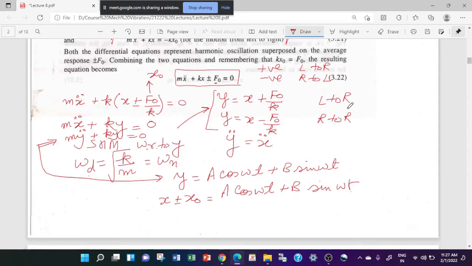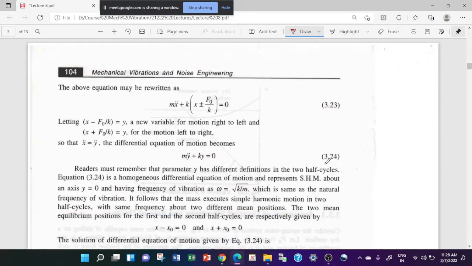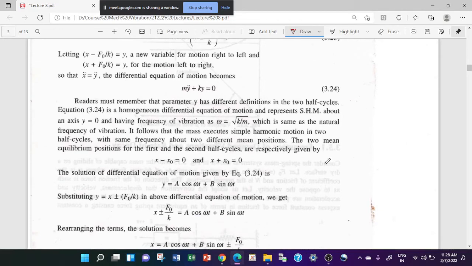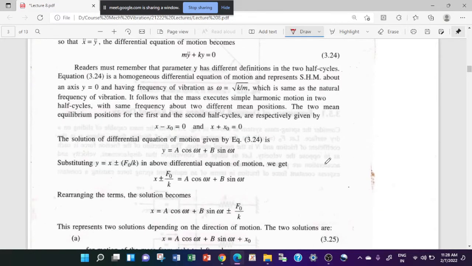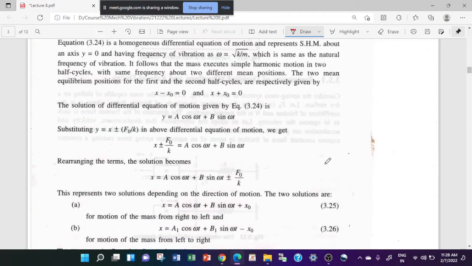So here you are having a positive sign when left to right, negative sign for right to left. So here you are having two solutions for x. So this is the solution here. These are the two solutions here.